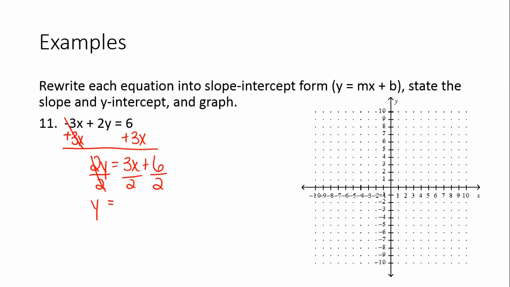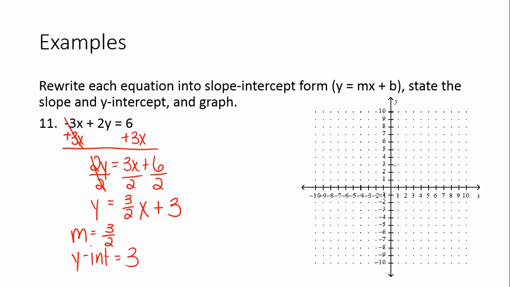We don't want to write 1.5. We want to leave it as 3 over 2x. And then we have plus 3. We divide 6 by 2. We do this because, remember, we list slope as rise over run, so it's a lot easier to understand rise 3, run 2. Our y-intercept then is a positive 3.